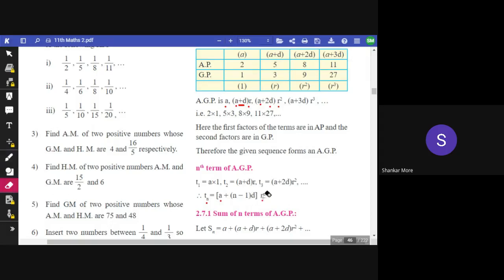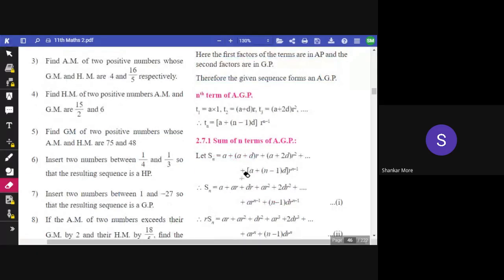So this is how you can find the nth term. This is nothing but the formula for the nth term of AP, and R raised to n minus 1 multiplied by A is the formula for the nth term of GP. They have modified that formula a little, and with its help we can find the nth term of AGP.